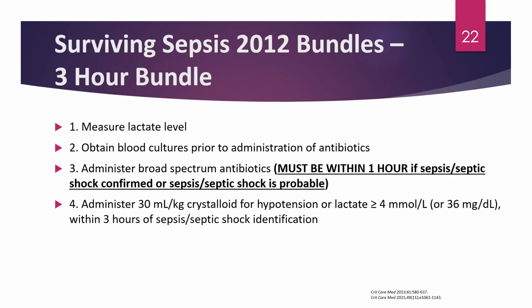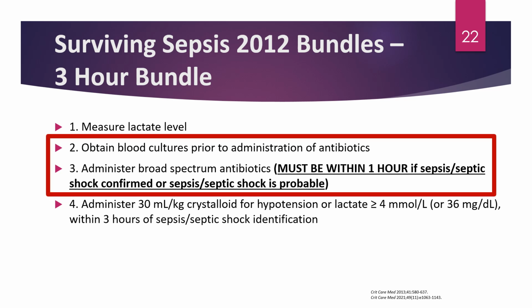So going back to the bundles, the next thing that we're really going to address outside of the lactate level, which we mentioned is basically a measurement of hypoperfusion, is the obtainment of blood cultures prior to administration of antibiotics and administration of broad spectrum antibiotics.